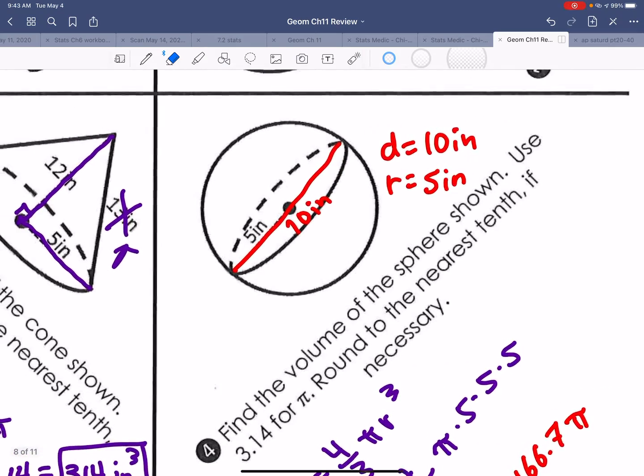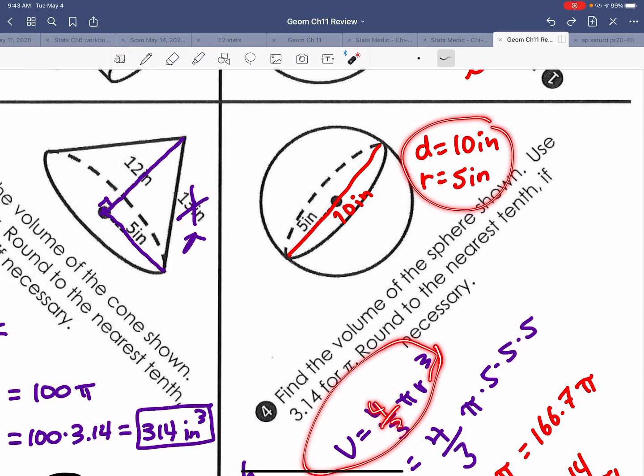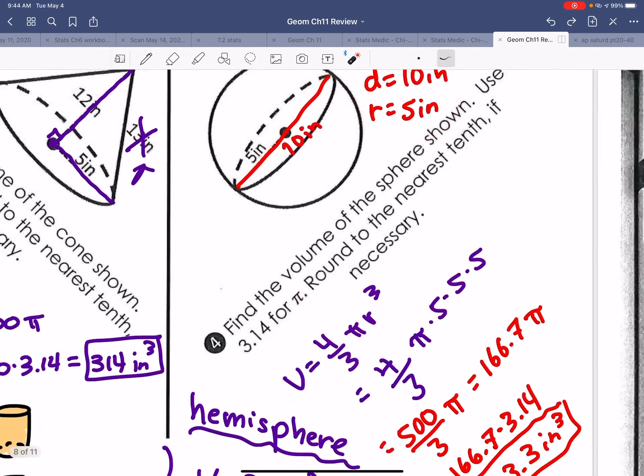Question number 4. Again, I remind you to find the volume of a cylinder or a sphere. They might ask you to find it, but notice this formula doesn't have a D. So if they gave you the diameter was 10, you know the radius is 5, and you plug in 5 for the radius.